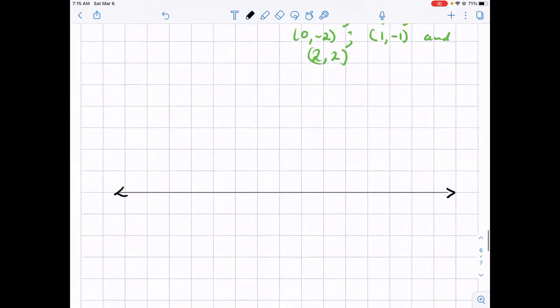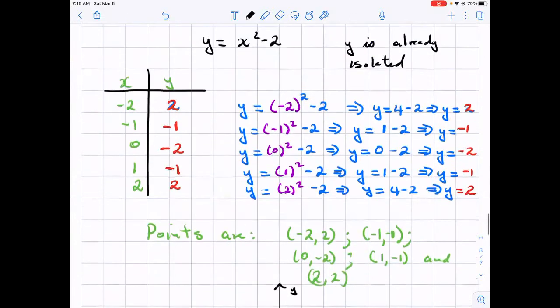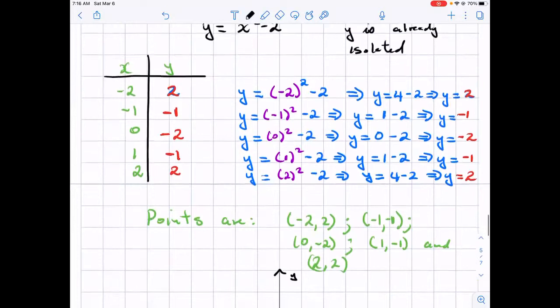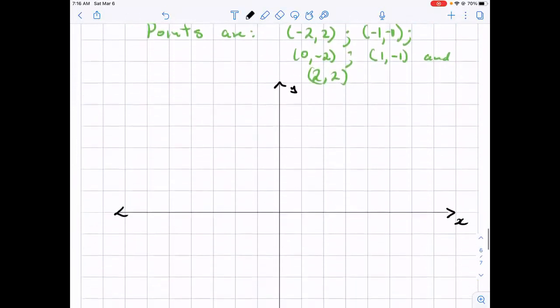So here is my x-axis, and here is my y-axis. And since my y value only goes up to 2 and minus 2, I didn't need to make my graph this big. So we can move it up a little.